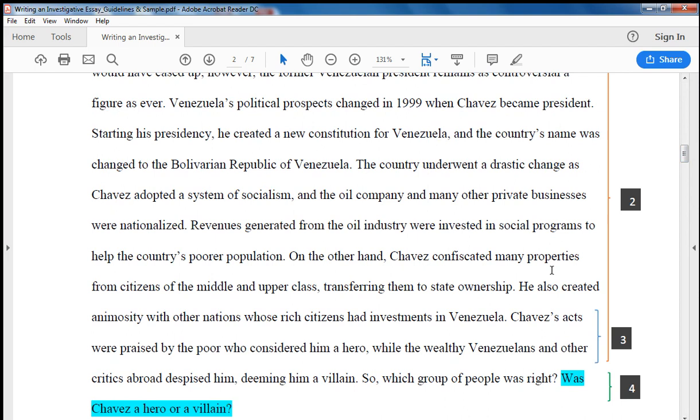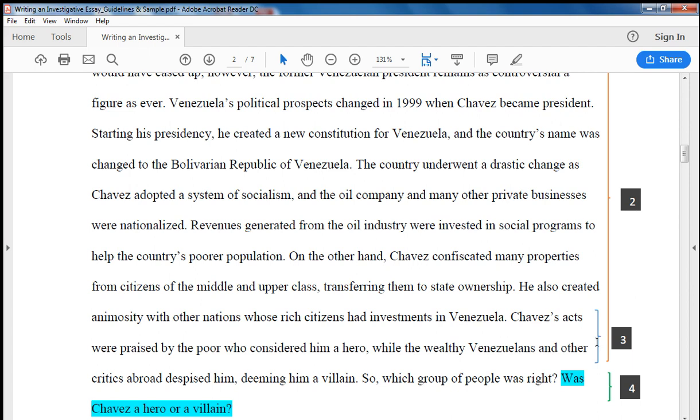As a part of the context, you will also notice here that the student clearly indicates more or less the two main sides of the controversy. And so she says, he, meaning Chavez, also created animosity with other nations whose rich citizens had investments in Venezuela. Chavez's acts were praised by the poor, who considered him a hero, while the wealthy Venezuelans and other critics abroad despised him, deeming him a villain.